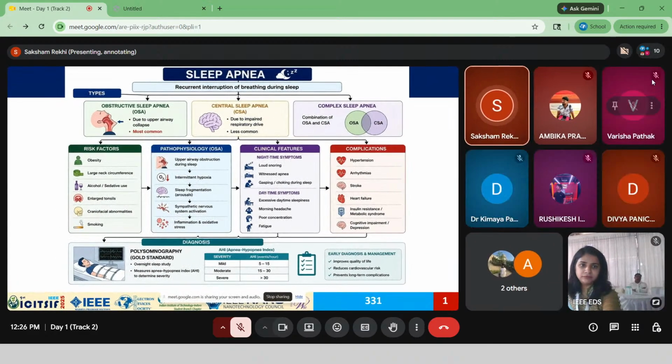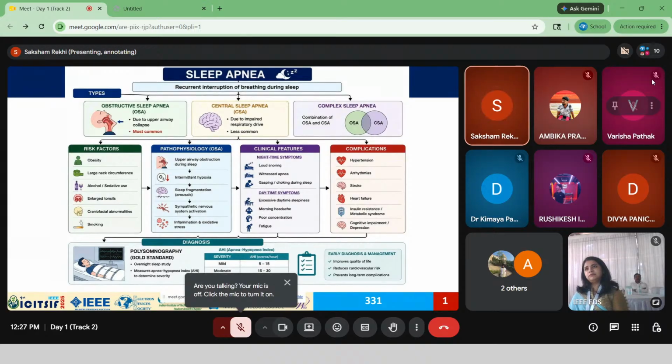Pathophysiology of OSA, obstructive sleep apnea. It involves upper airway obstruction during sleep, which leads to intermittent hypoxia and sleep fragmentation. There is activation of the sympathetic nervous system, which leads to inflammation and oxidative stress. Clinical features include loud snoring, witnessed apnea, gasping or choking during sleep at night.